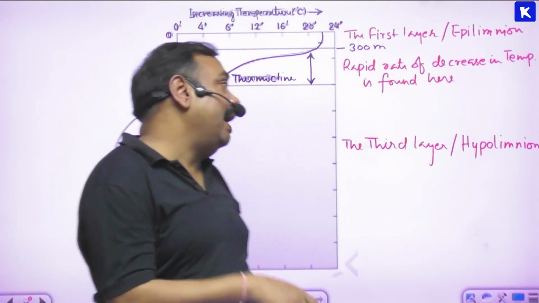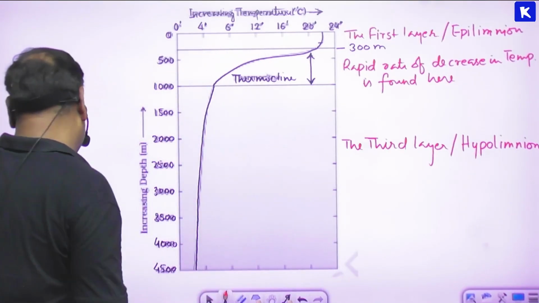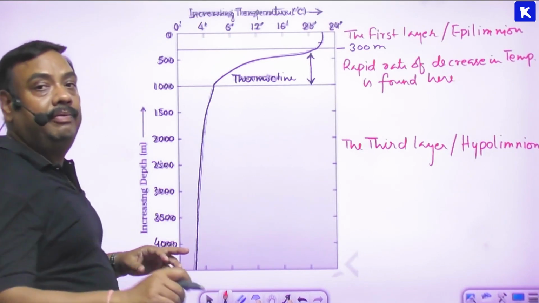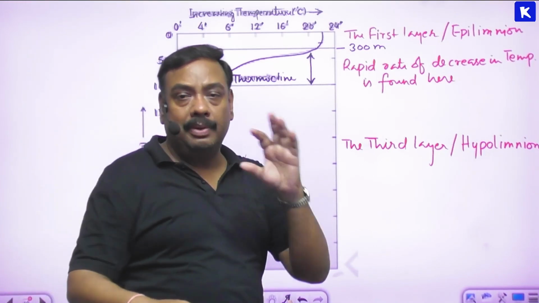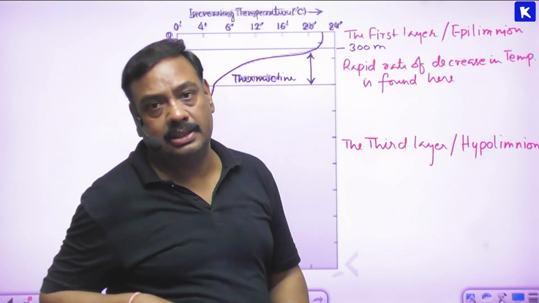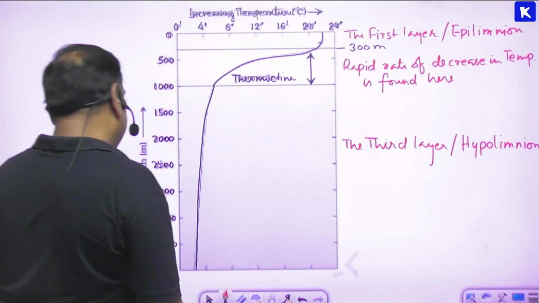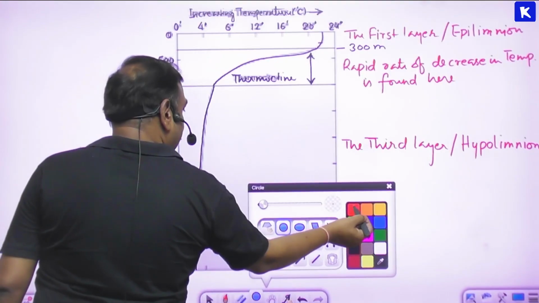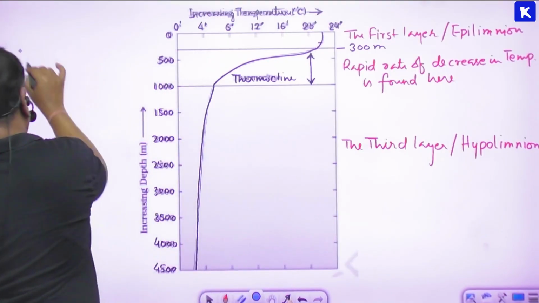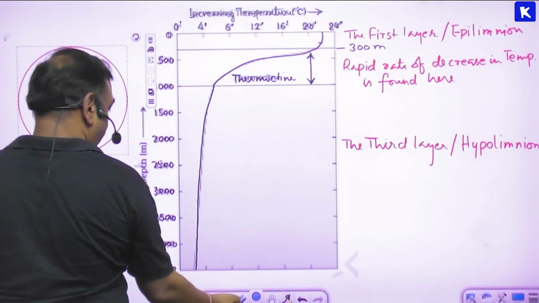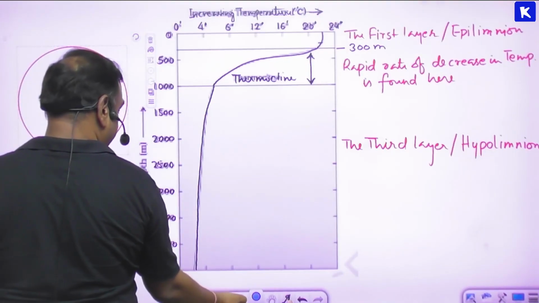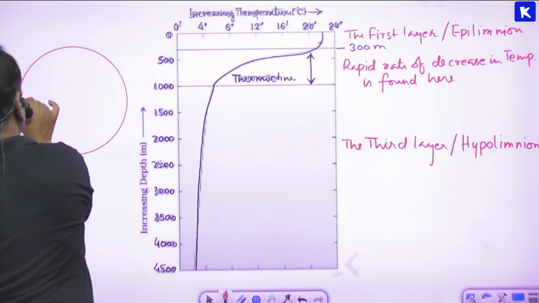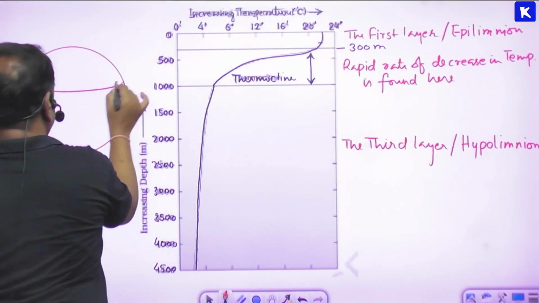So here we have to recall that chapter where we did the formation of temperature zones on the earth's surface. I hope you all remember that on the earth's surface, there are 3 temperature zones.